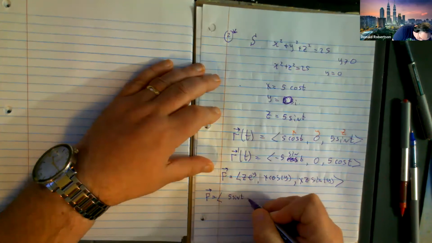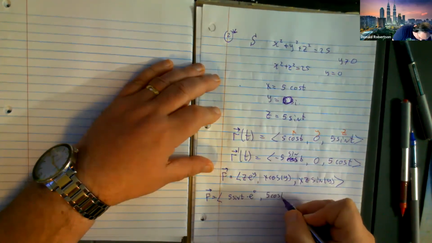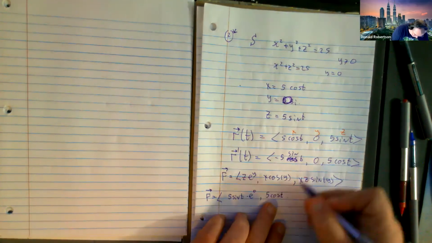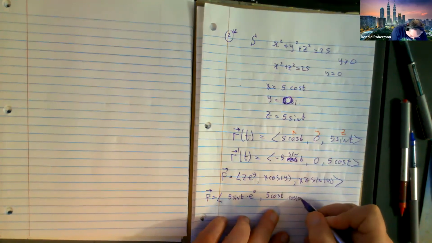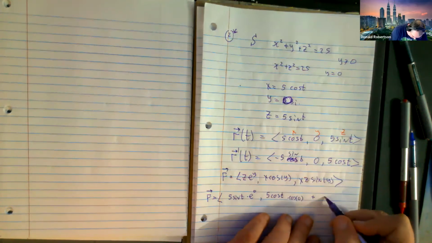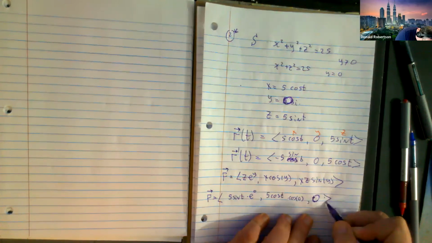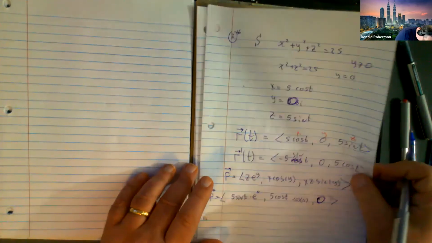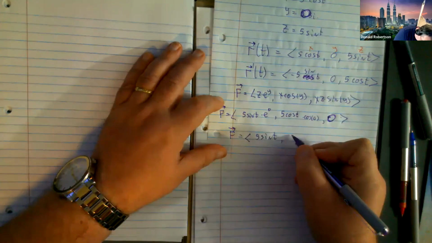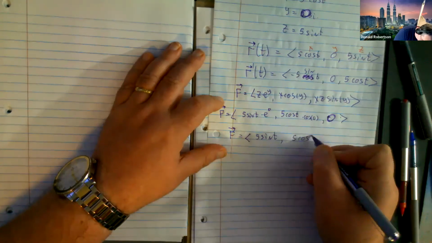It's going to be 5 cosine t times cosine of 0 plus x times z times the sine of 0, which is just 0. And that makes f 5 sine t times 1. That makes this guy 5 cosine t times 1, 0.